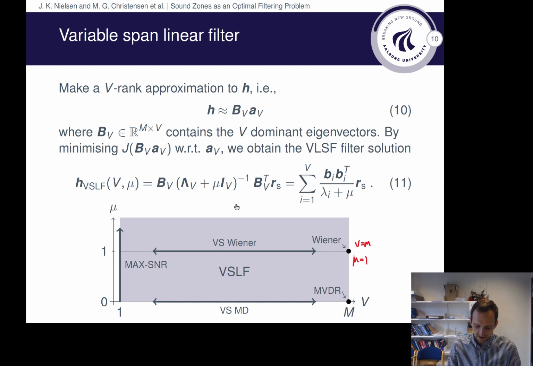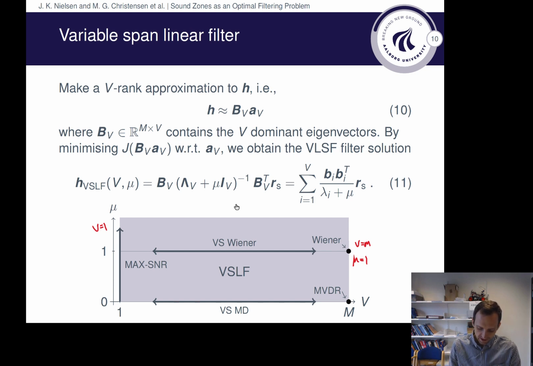And if we still keep mu equal to 1 but decrease V, then we get what we call the variable span Wiener filter. Out here, when we have V equal to 1, and for any mu, then we get what is known as the maximum SNR filter.